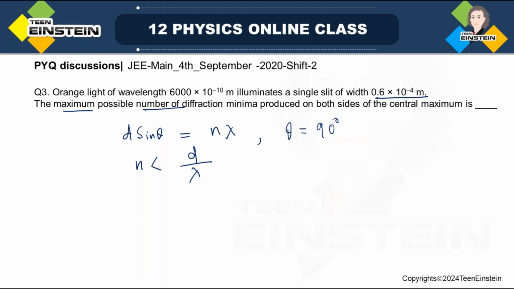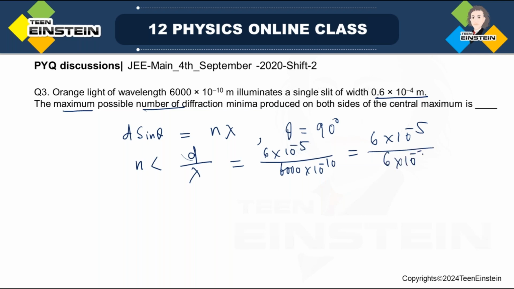Okay, so if we put the values, d is given as 0.6 into 10 to the power minus 4. d is the slit width, that I can write 6 into 10 to the power minus 5 meter, divided by this 6000 into 10 to the power minus 10, which I can further write 6 into 10 to the power minus 5, and here 6 into 10 to the power minus 7.